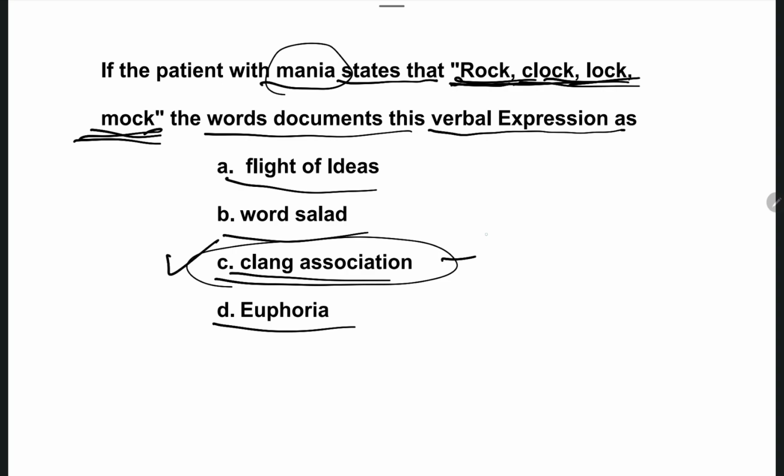In this kind of clinical feature, there is no relation between the words, but simply they are saying like that. This kind of verbal expression is known as clang association.